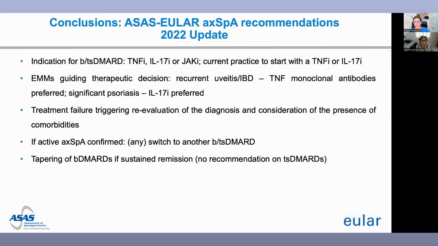So you think there's active disease, but it's caused by another comorbidity. And if active axSpA is confirmed, then you have to switch to another biological or tsDMARD. There's also a recommendation on the tapering of the biological DMARDs if a patient is in sustained remission.